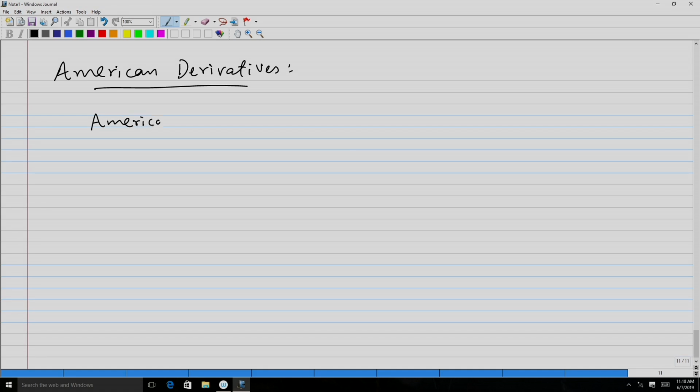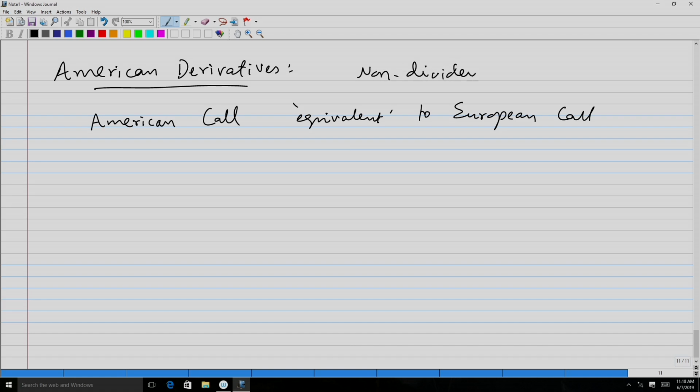Keeping that in mind, we have already seen, in the case of at least one derivative, the American call option, in the basic ideas, that the American call option is in a way equivalent to the European call, because we have non-dividend paying stocks.